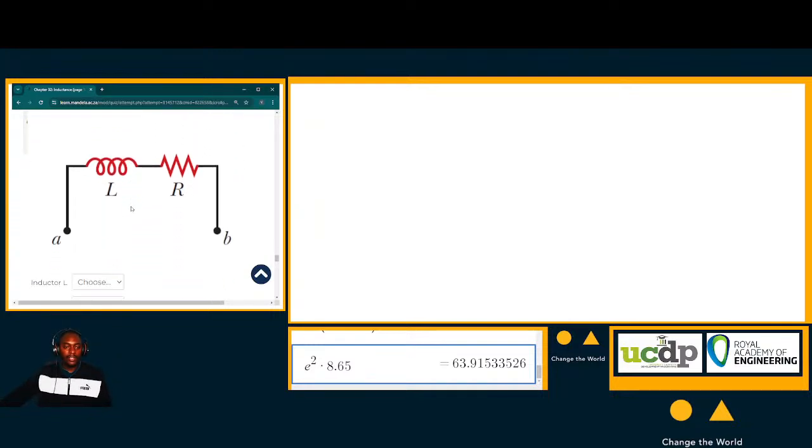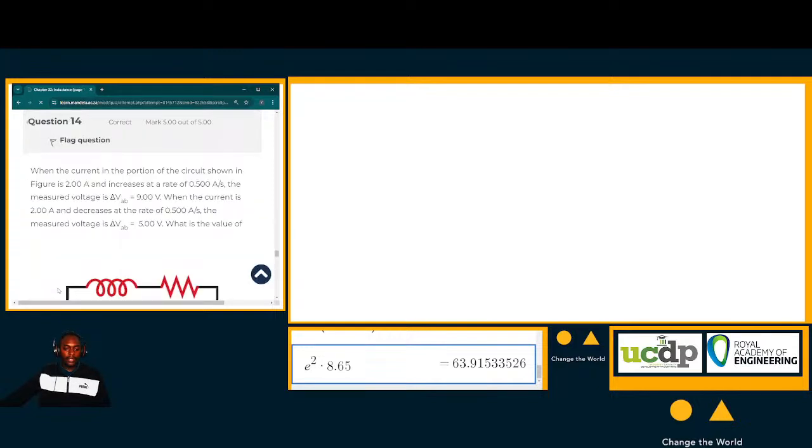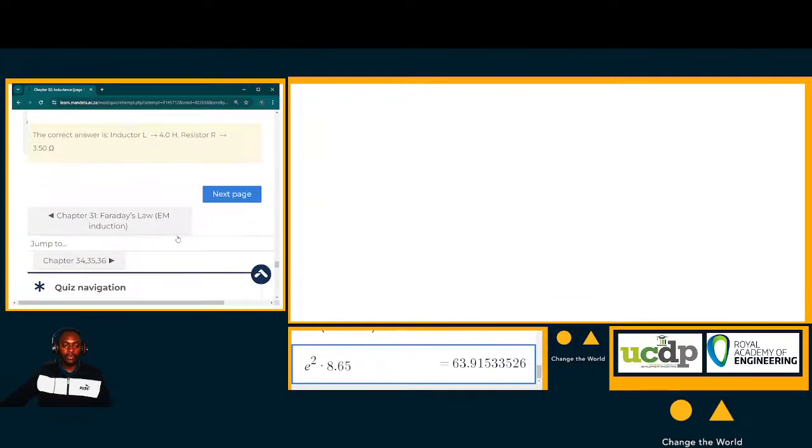My screen disappeared, but we were already done. Inductor 4 henry and resistance 3.5 ohms. We can check that, and yes, it means we are correct.